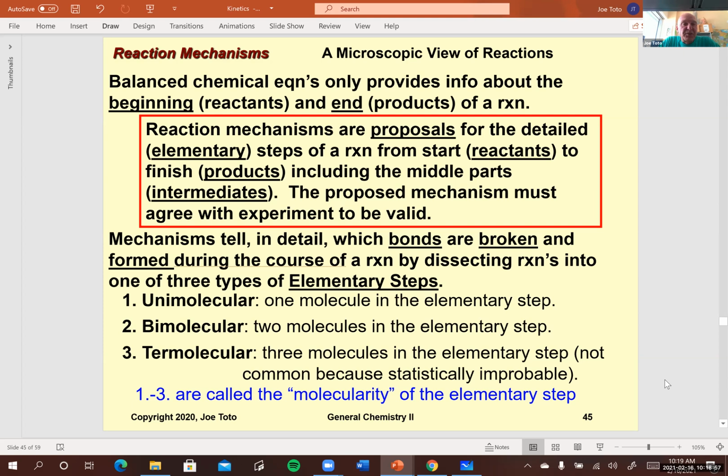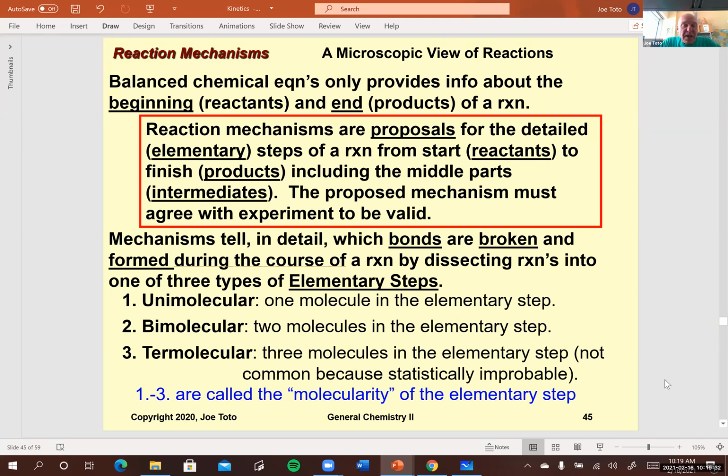But anyway, back to the mechanism. There's 3 basic elementary steps. One is unimolecular, two bimolecular, and the third one, which is almost never used because it's so improbable, is termolecular. And the names coincide with the meaning really well. Unimolecular means one molecule in the reaction. Bimolecular means two have to come together, and three is for termolecular.